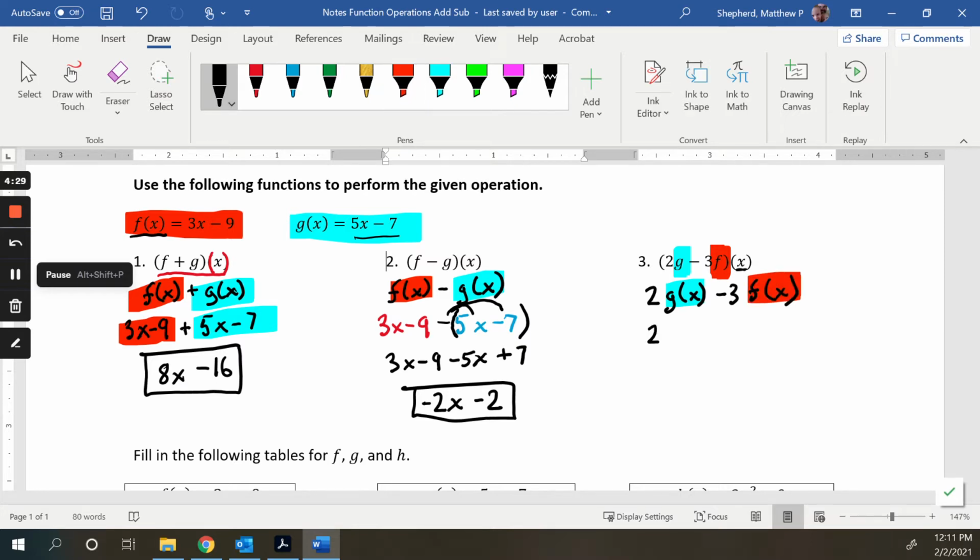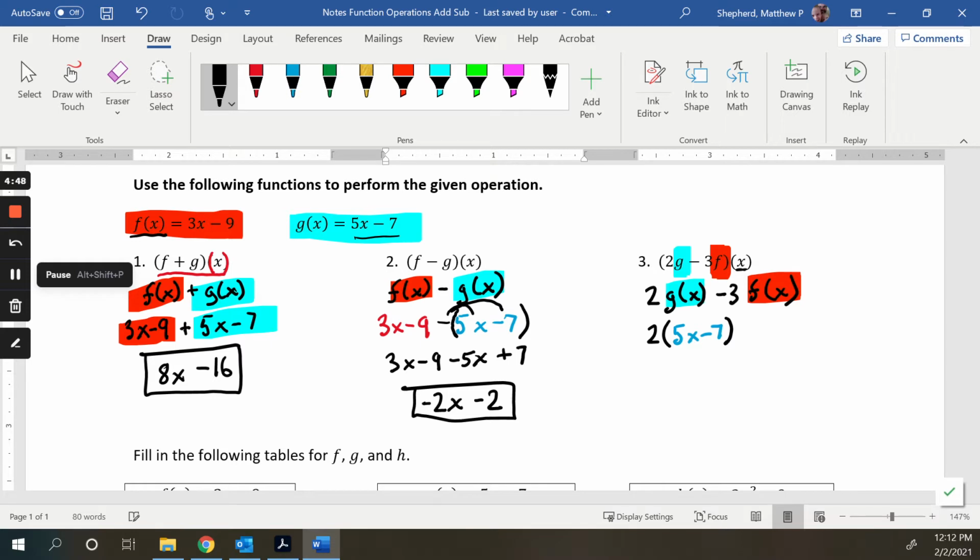So I'm going to change this to 2 times. And once again, I'm going to put parentheses. The reason I'm putting parentheses is similar to before. I wasn't just multiplying the 5 in g of x. I was multiplying the entire function of g of x.